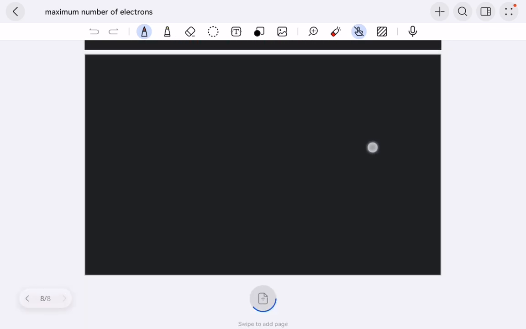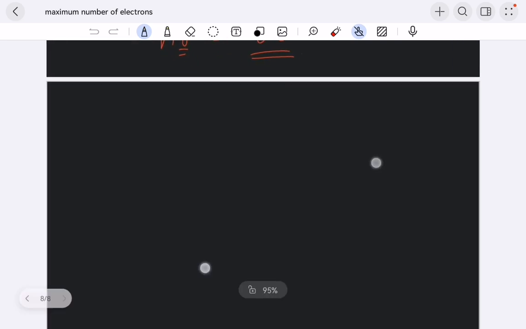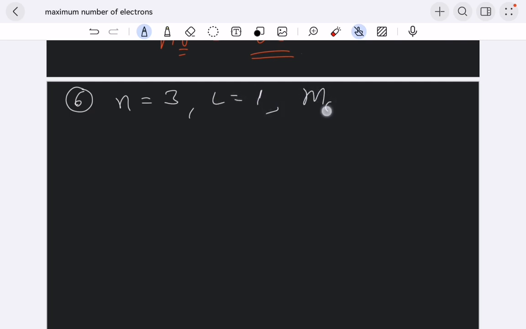Let's look at another question. Question 6. What if we're given when n is equal to 3, L is equal to 1, then ms is equal to negative spin.